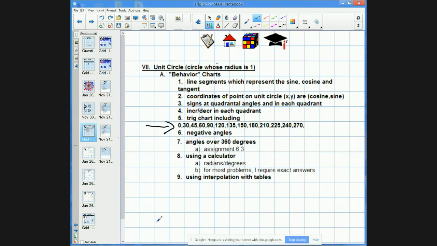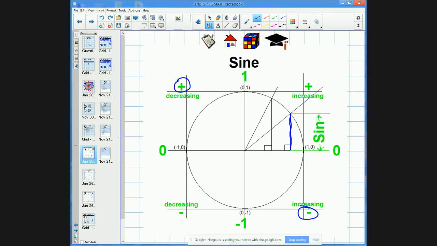So let's start with, once again, taking a look at the behavior charts. First, the sine behavior chart. We're looking at the vertical leg of the right triangle that rotates around.